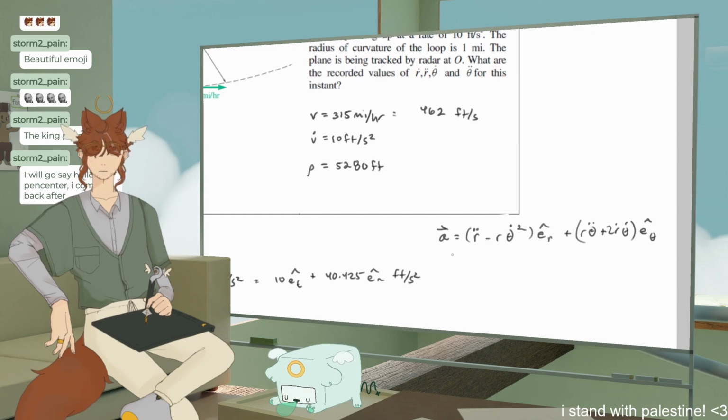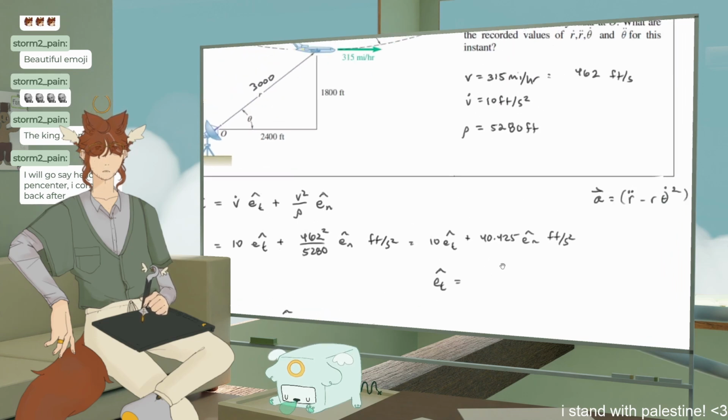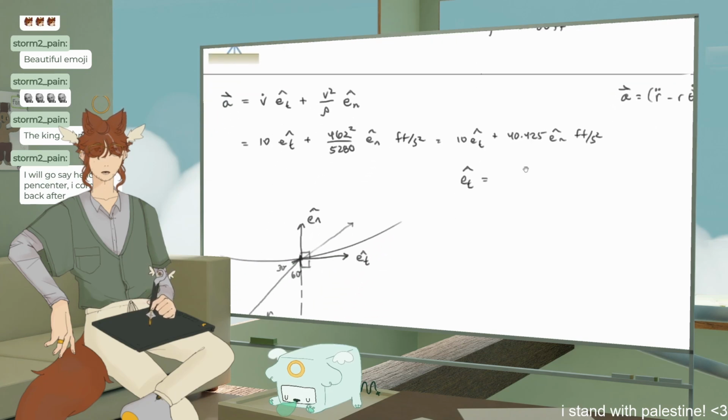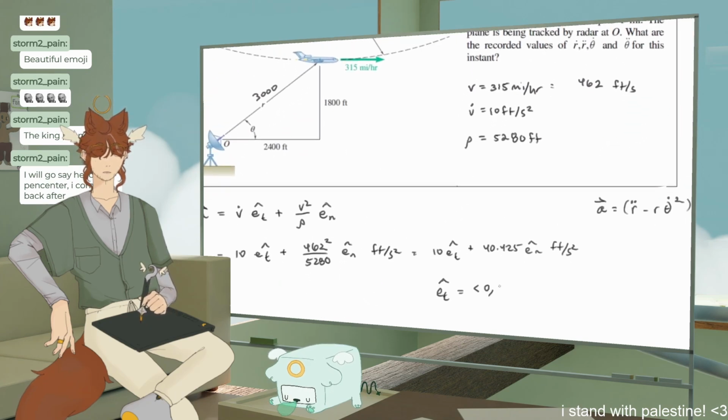The only thing we might need to do is find ET and what EN are. So ET in this case is 1 0 in XY.